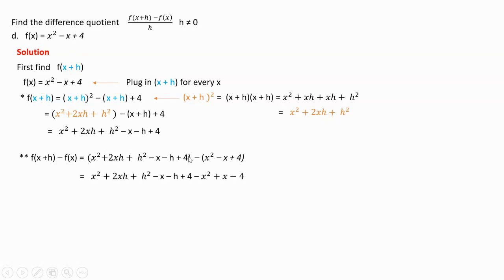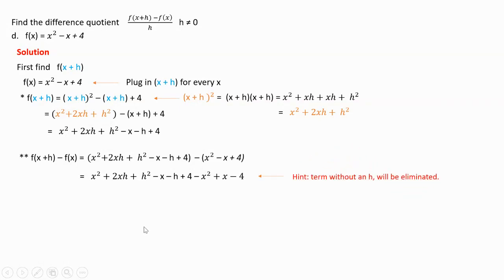I'm going to take away the parentheses, but minus f of x means I'm going to distribute the negative. So negative times a positive x squared gives me a negative x squared. Negative times a negative gives me a positive x, and negative times a positive 4 gives me a negative 4.